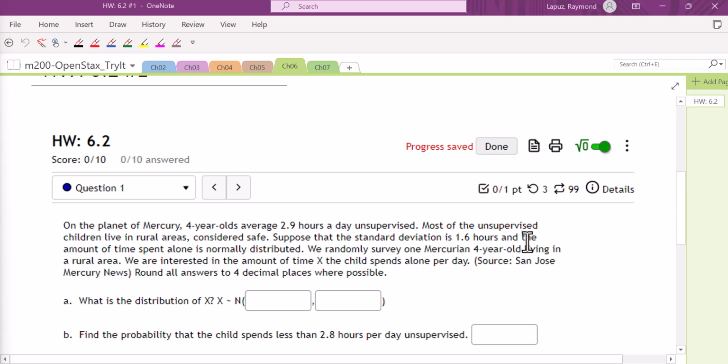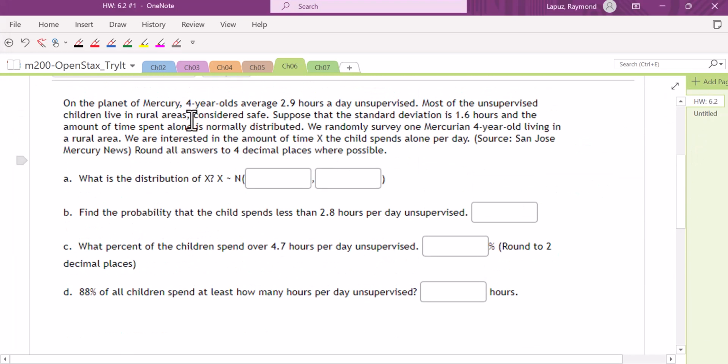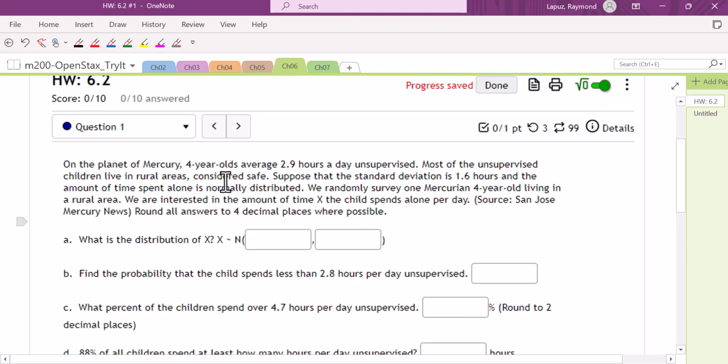This is problem number 1. We have on the planet of Mercury, 4-year-olds average 2.9 hours a day unsupervised. Most of the unsupervised children live in rural areas considered safe. Suppose that the standard deviation is 1.6 hours and the amount of time spent alone is normally distributed.